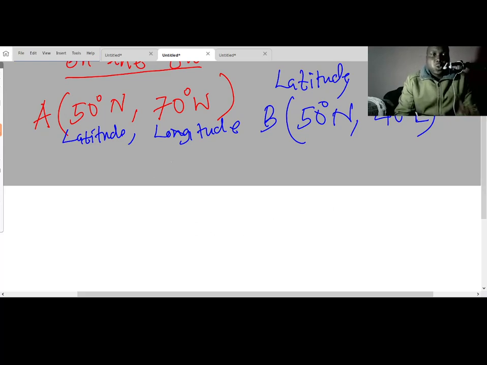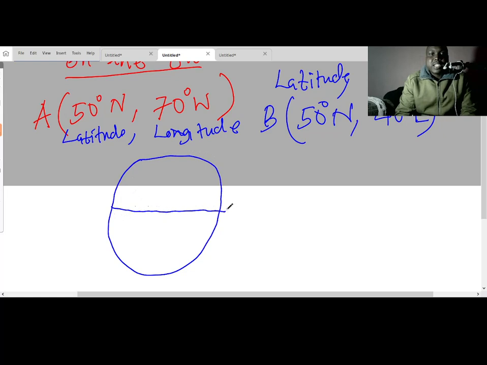So rule number 1, you sketch the earth surface. Once you do that, you draw the reference point, the equator 0, and another reference point, the Greenwich meridian. Here you are at 0; going this way is west, going this way is east. Here we are at 0; going up is north, going down is south. So the first coordinate we have for A is 50 degrees north.